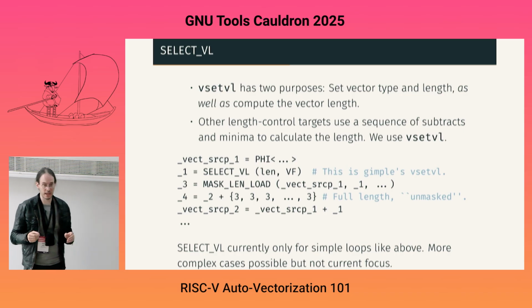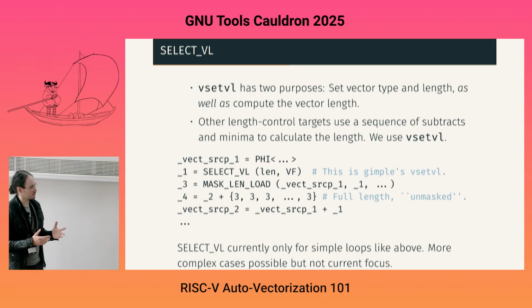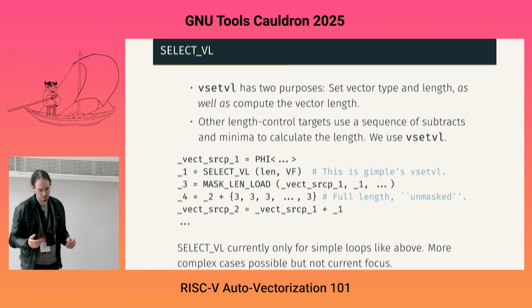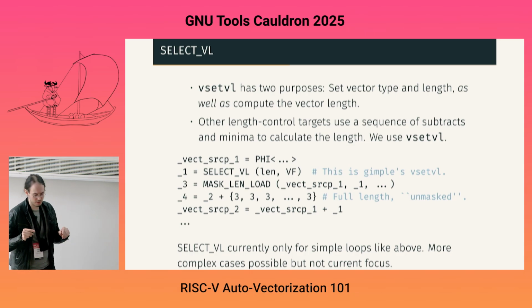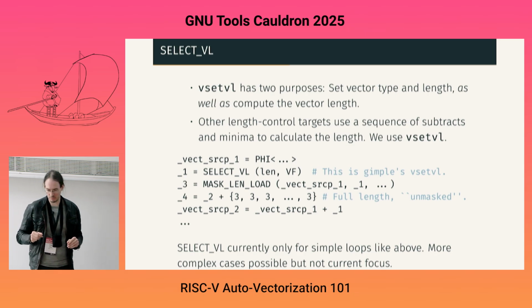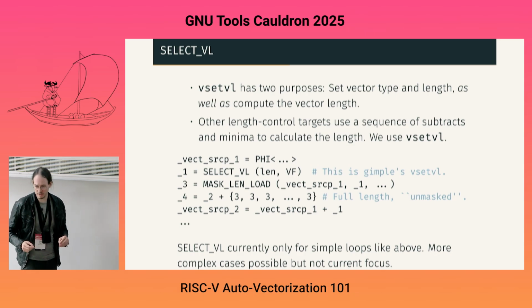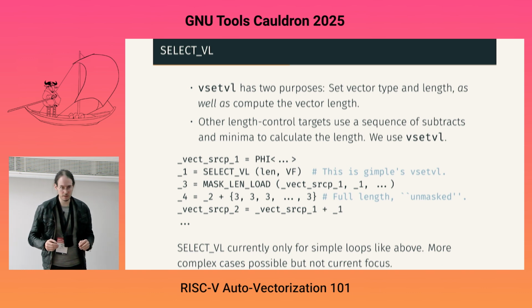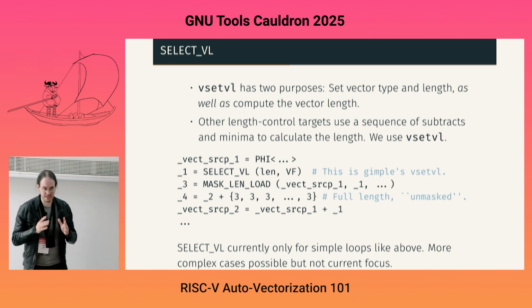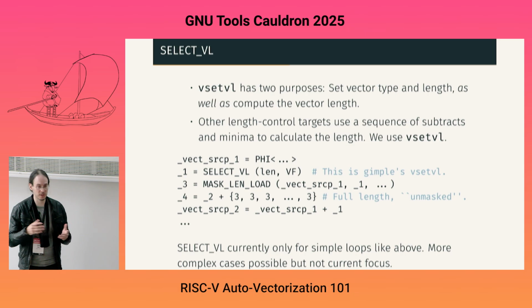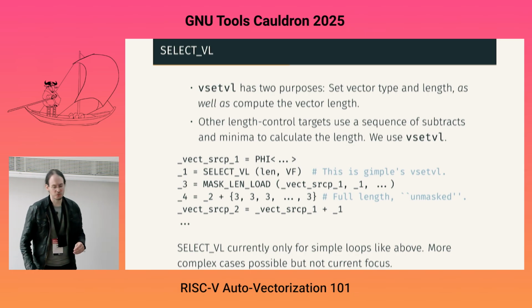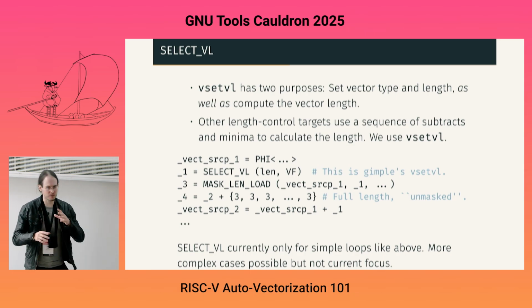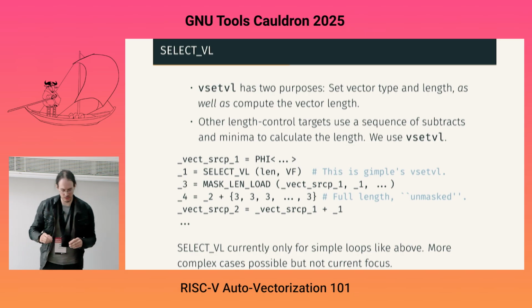We have vsetvl, and obviously we need some way to let GIMPLE and the vectorizer know how to use vsetvl. This idiom is called selectvl in GIMPLE. We also needed to introduce this because the other length control targets are always fixed length and not VLA, so they know how much to subtract in each loop iteration.